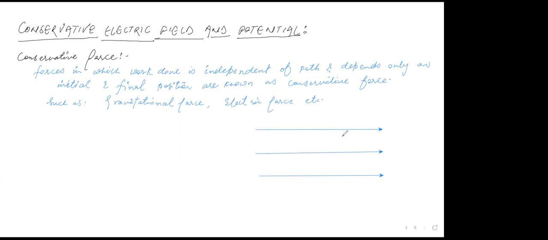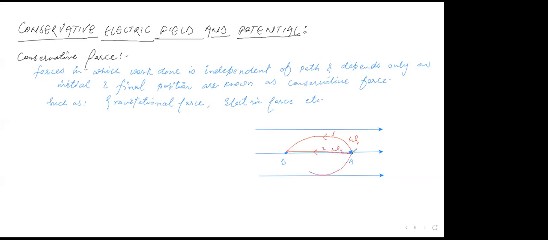A charged particle is carried from point A to point B in 3 different paths. This is your path 1, and we can say the work done is W1. When this charge is carried from A to B by this path, your work done is W2.